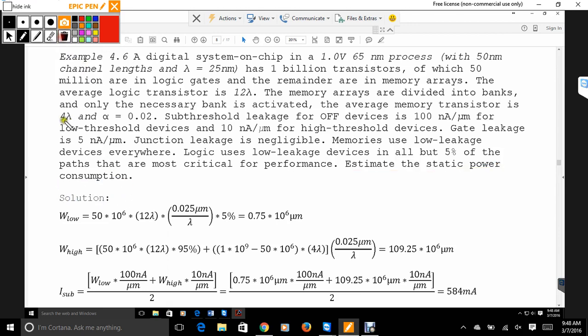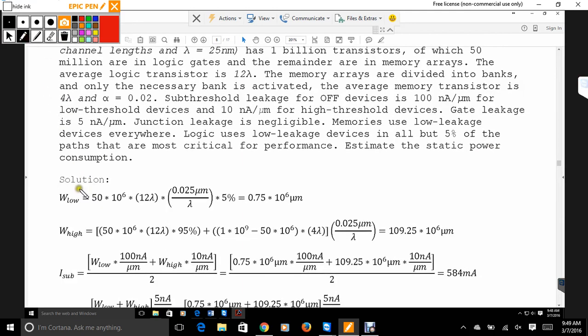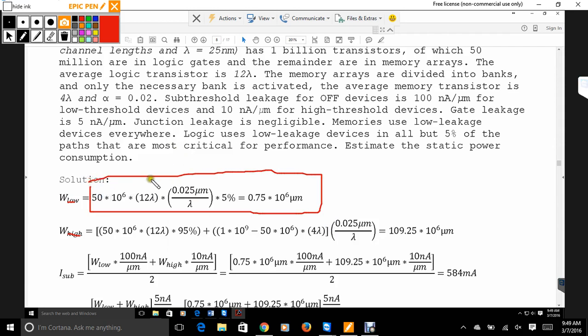So here we're going to figure out our widths for high and low. This should say high and low, sorry. So here we have 50 million, right?